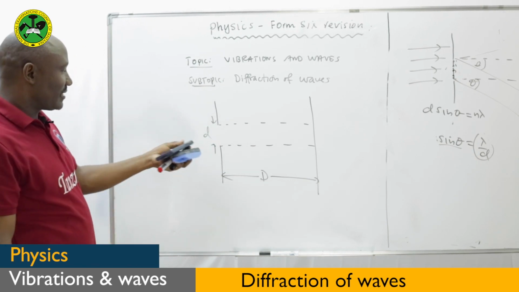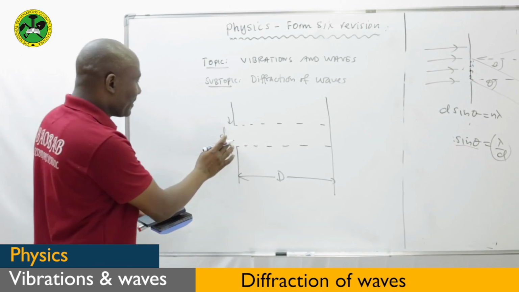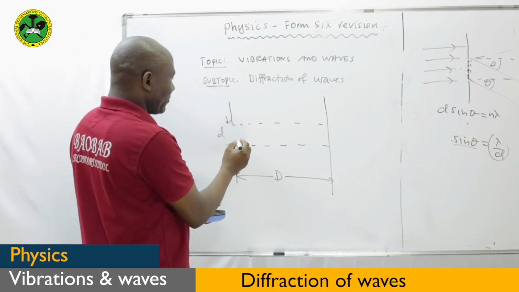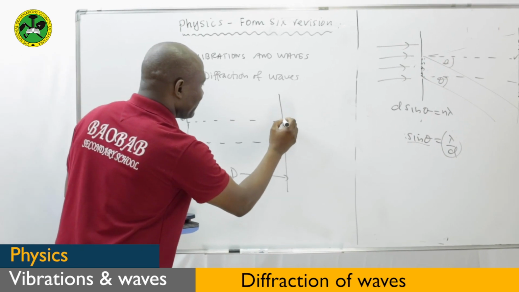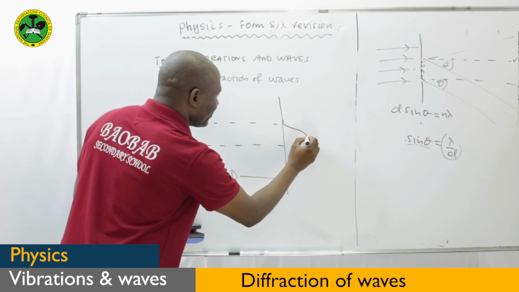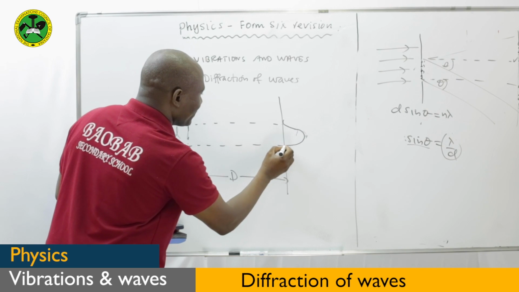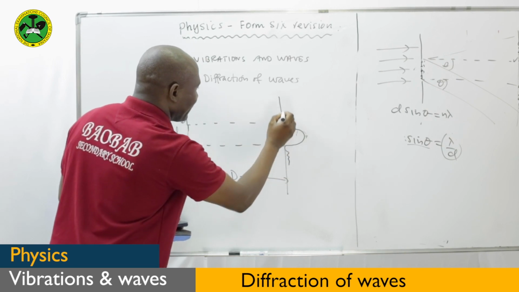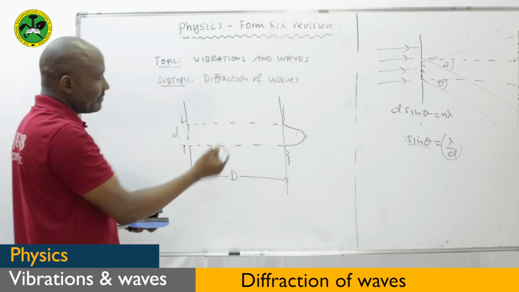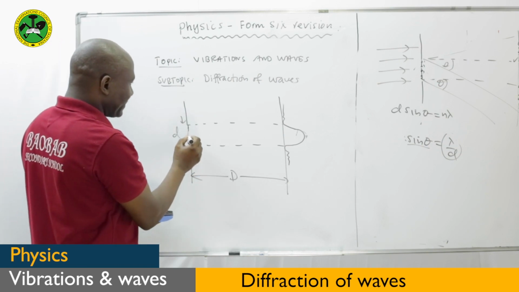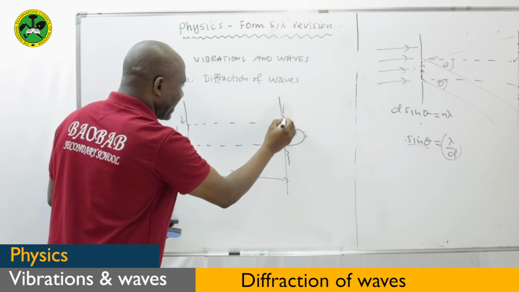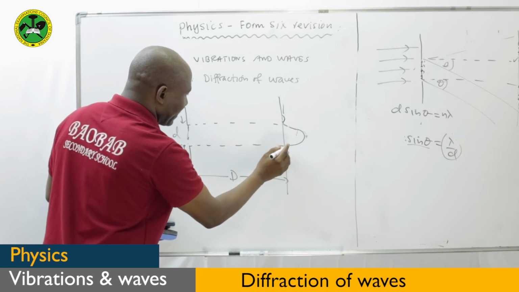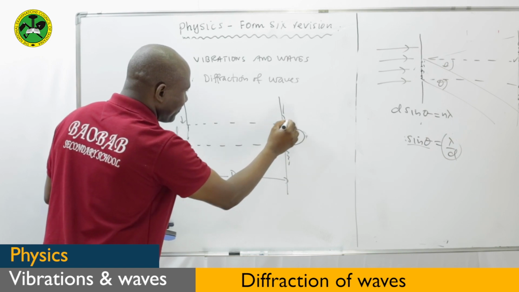That distance between the opening and the screen, that's D. If you draw the image formed here, the central bright image is formed here, followed by other minima. Let's take this as the position of the first dark. The first dark is formed here.